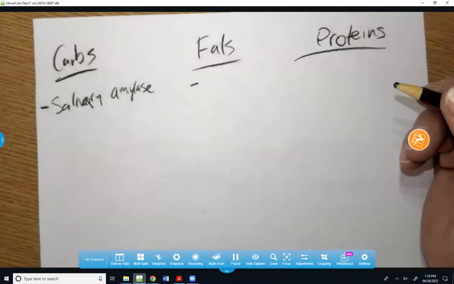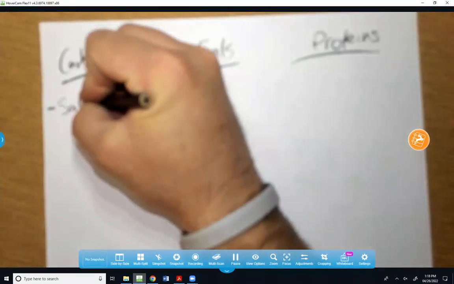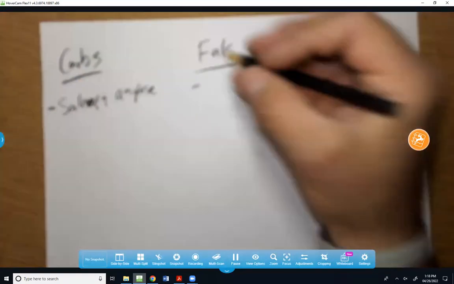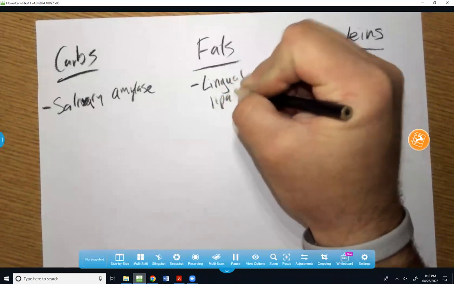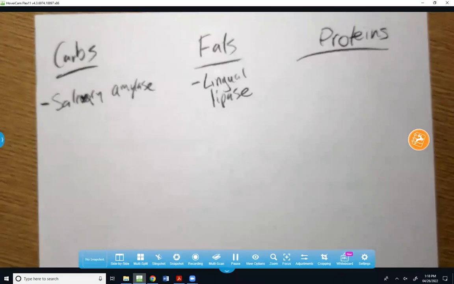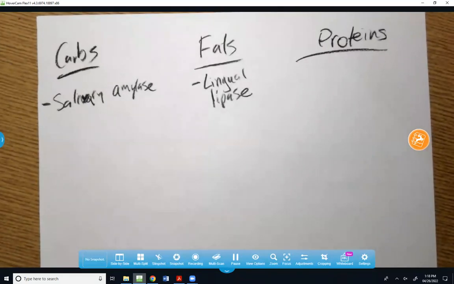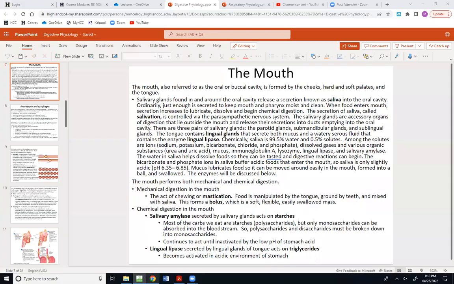The first fat digesting enzyme is lingual lipase. And we don't have anything to add yet for proteins. We'll finish this list as we go through.